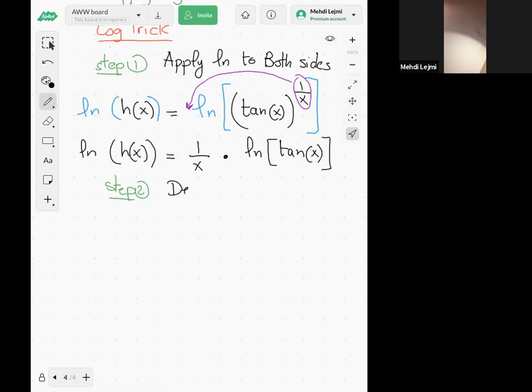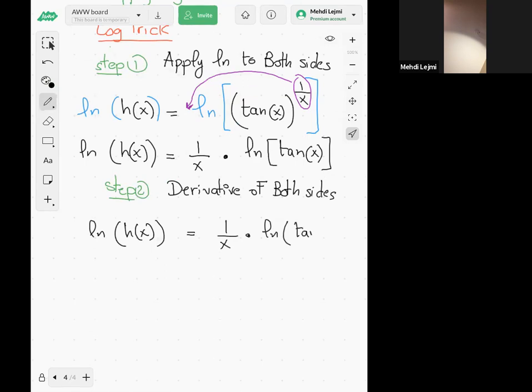Derivative of both sides. Okay, so let me write it down again here. Natural log of h of x on the left, and on the right, it's 1 times 1 over x times natural log of tangent of x. So on the left, what will be the derivative?